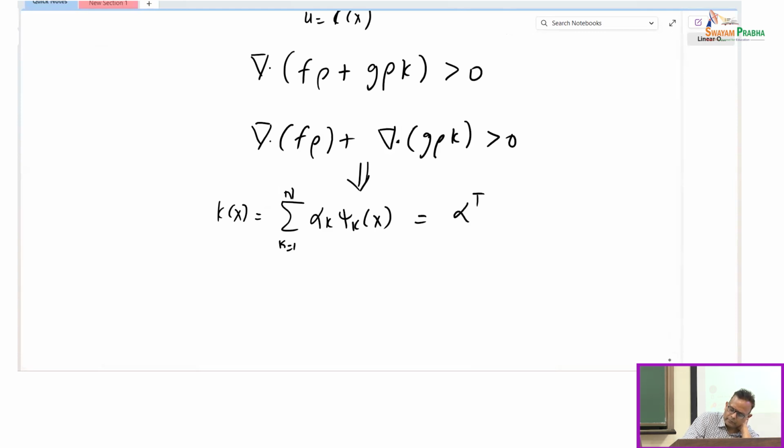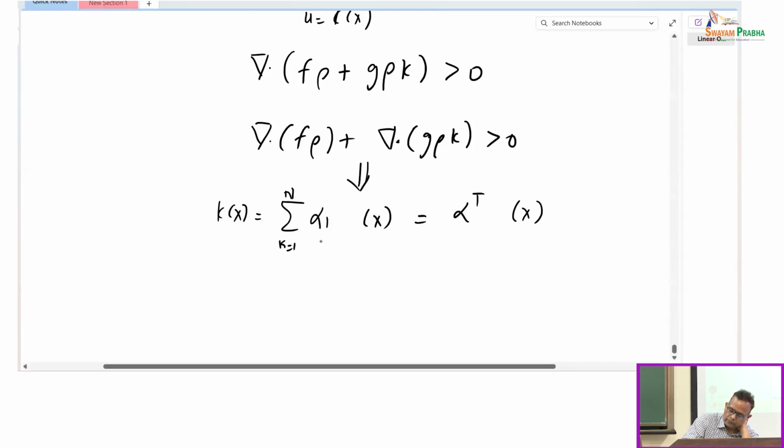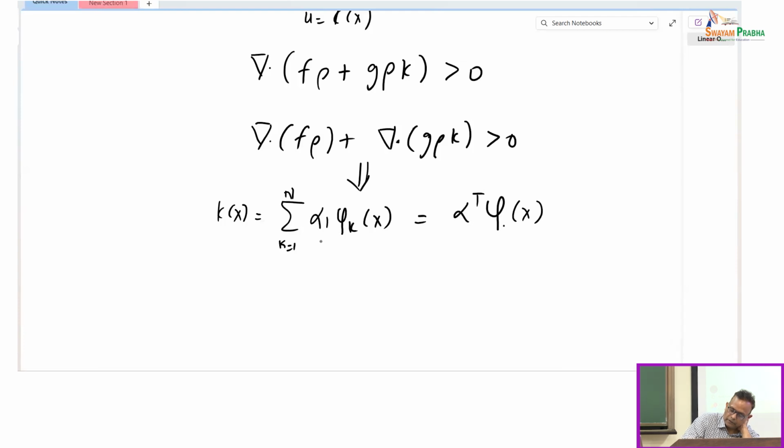So this you can write as some alpha transpose psi of x, not to confuse that with this psi. So we use the psi there as well, so let's just use a different notation. Okay.